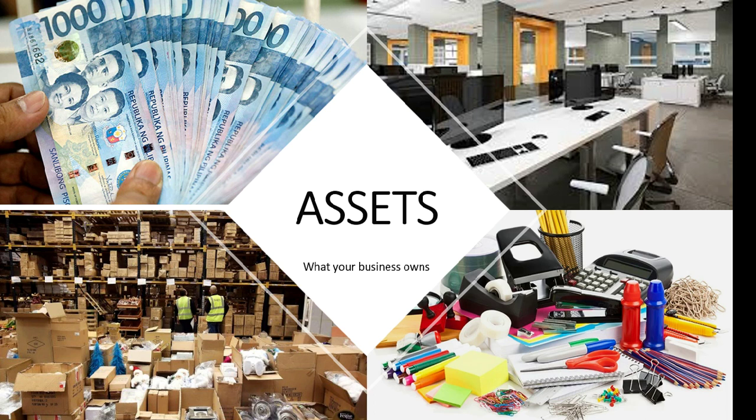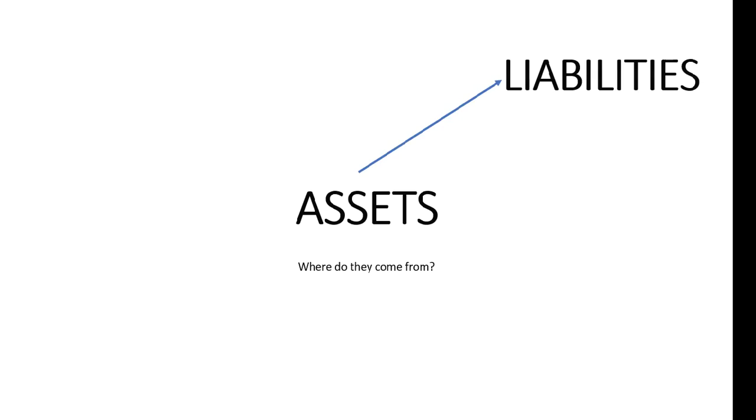Now, the next question is, before your business obtains assets, where do these assets come from? For example, you're planning to start a business and you don't have enough money to finance your new business. So, you can source your assets from liabilities. If you don't have enough cash, you can opt to borrow from someone else. Could be a friend or a family member or a lending institution or a bank.